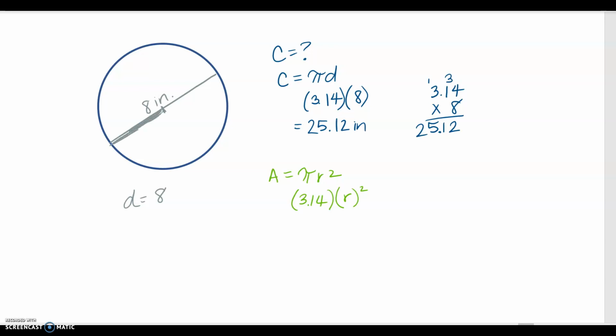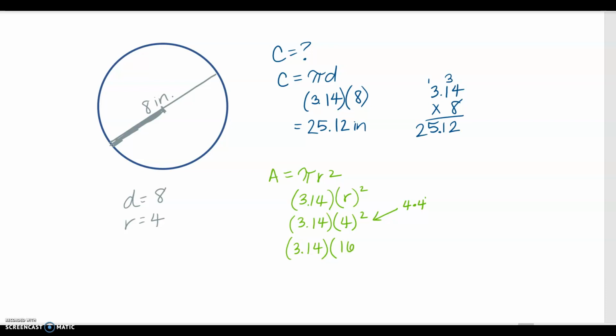So my radius is half my diameter. If my diameter is 8, then my radius is going to be 4. So now I'm going to plug that in: 3.14 times 4 squared. Again, 3.14, and 4 squared is 4 times 4.